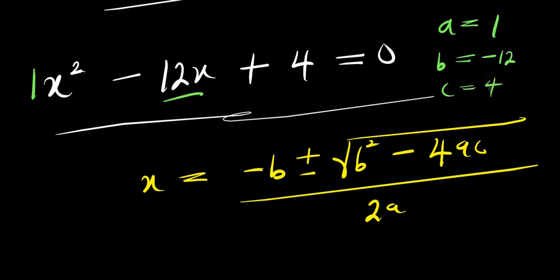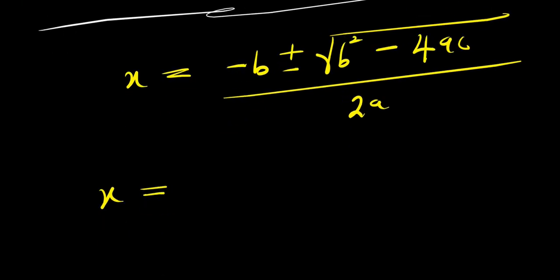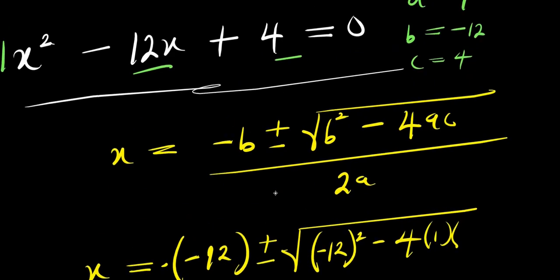And c equals 4, which is the constant here. So from here, x equals negative b, negative times negative 12, plus or minus square root of b squared, negative 12 power 2, minus 4 times a times c. c is 4.